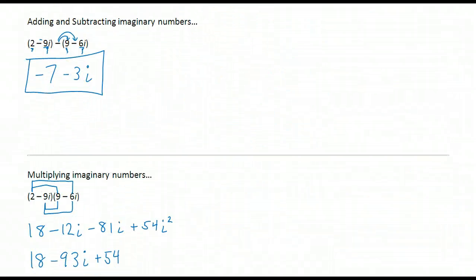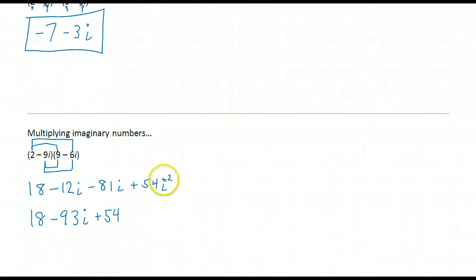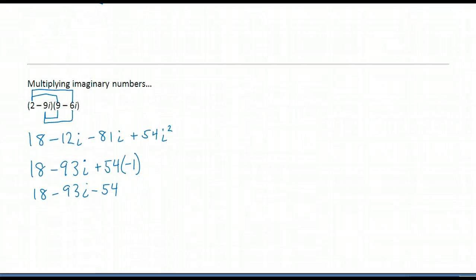So I can replace i squared with negative 1. So really I have 18 minus 93i minus 54, because I have 54 times negative 1. So now I can combine 18 and negative 54. I end up with negative 36 minus 93i.